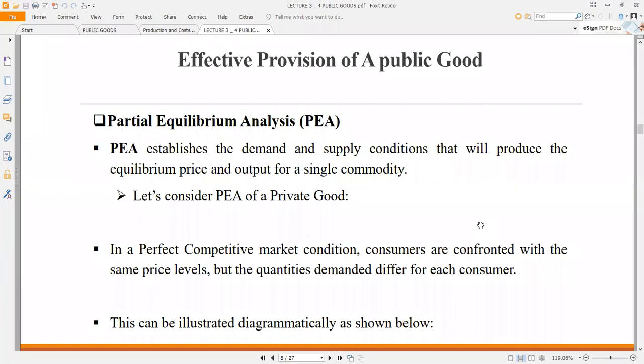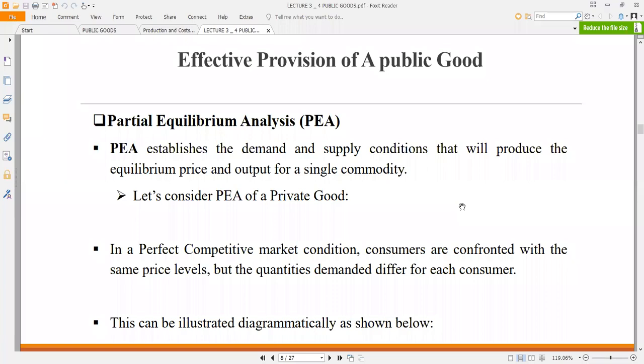All right, let's look at effective provision of public good. But before we look at that, we have to look at how private goods are also provided. Then we'll move to the public goods. So let's start with the partial equilibrium analysis.